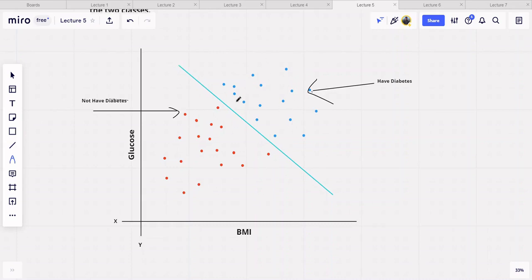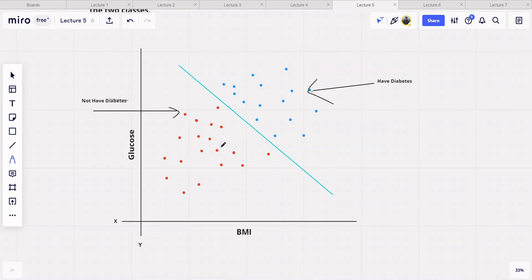By deciding a line of best separation, it said that whatever data point or sample that belongs below this line will belong to a particular class, which is diabetes or not diabetes.